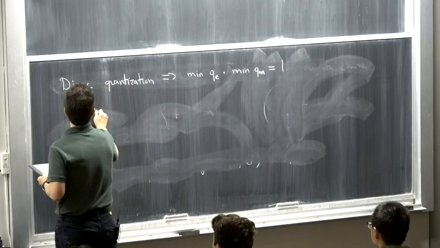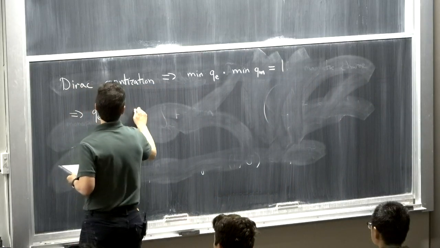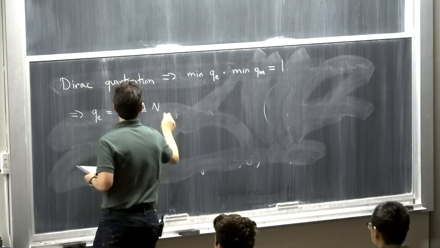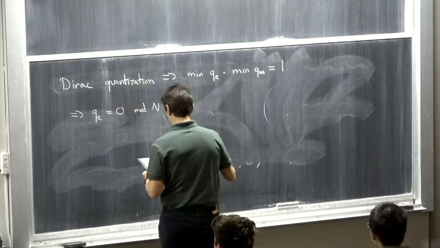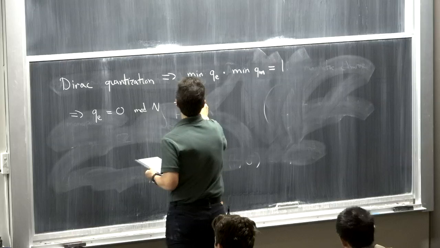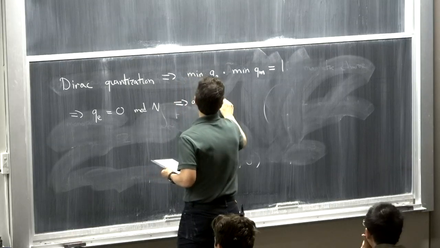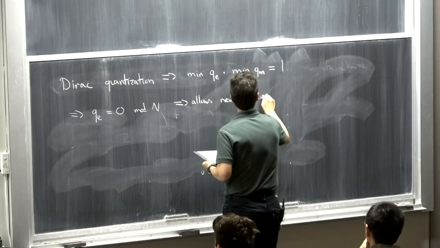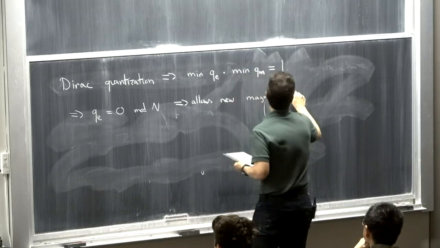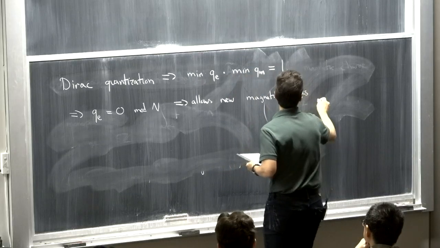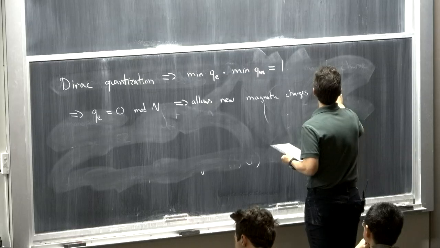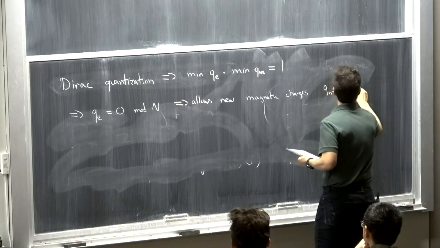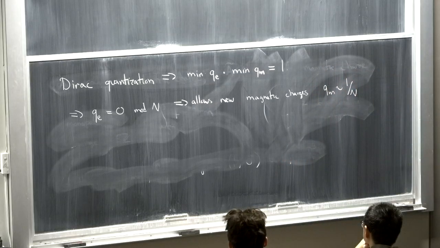So when Q electric is 0 mod n, this allows new magnetic fluxes Qm, which are fractions with denominator n.